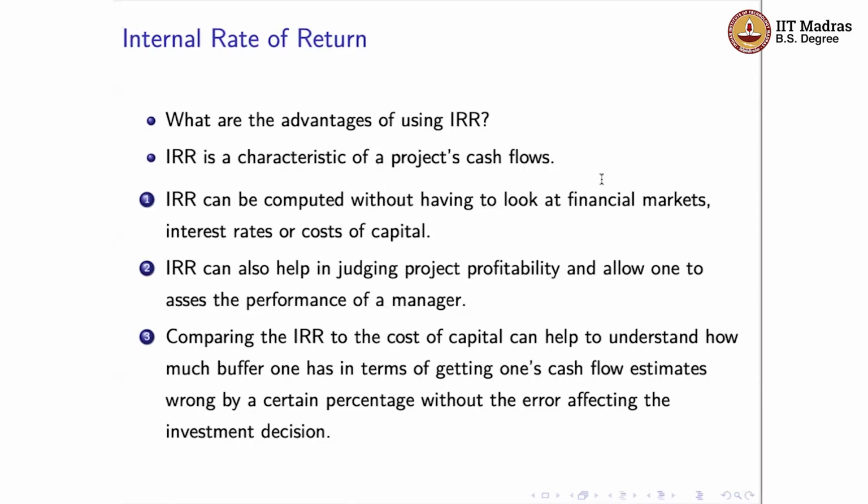So even if you had got some of the cash flow estimates wrong, as long as the IRR of the project remains above this 5%, you would still make the same investment decision, right? So, for example, in the first case, it would have been that you should take up the project, let's say. So that gives you an idea of how much buffer you have in terms of getting your estimates wrong and still not having the investment decision affected.